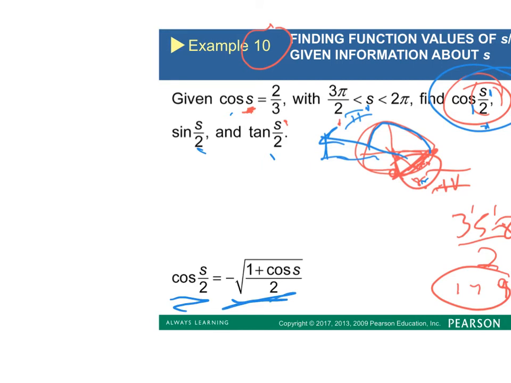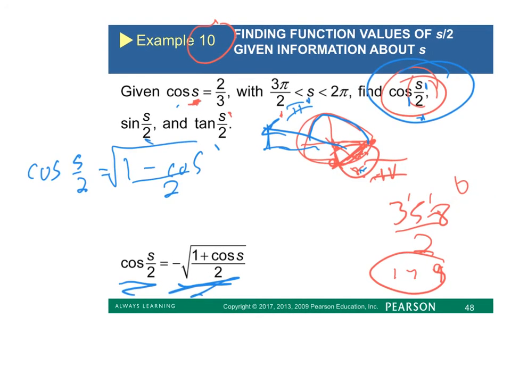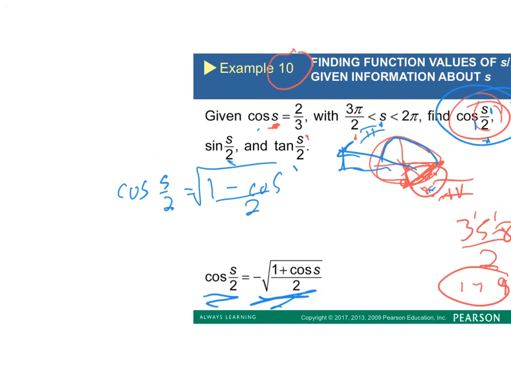In case you don't have them memorized yet, there it is. The cosine of S over 2 is going to be, the formula will be 1 minus the cosine of S all over 2. So we're saying, okay, what is the cosine of S?